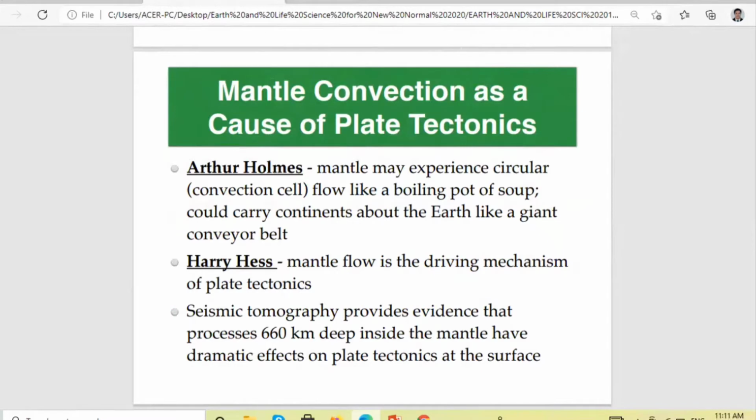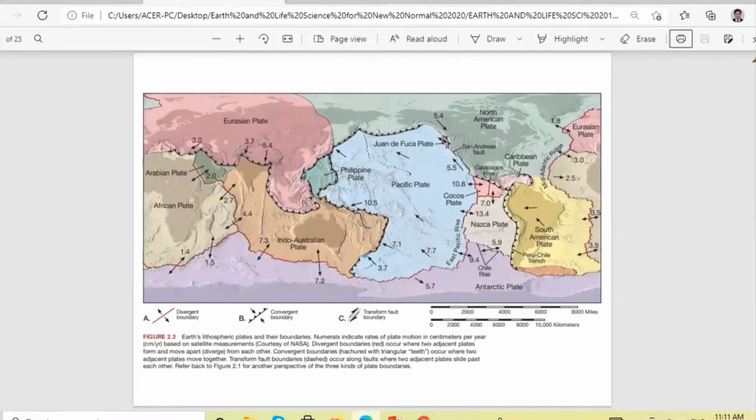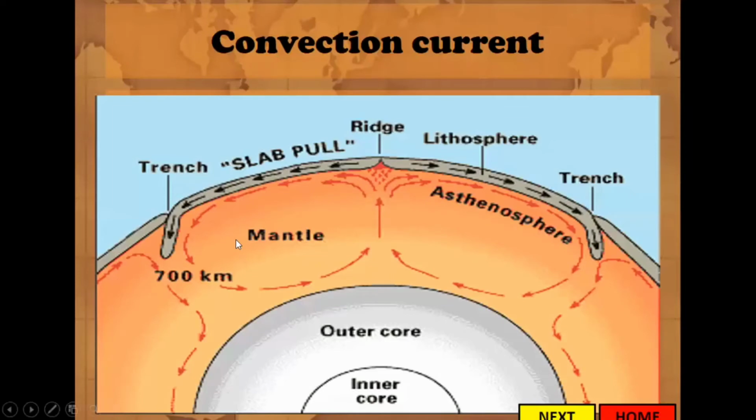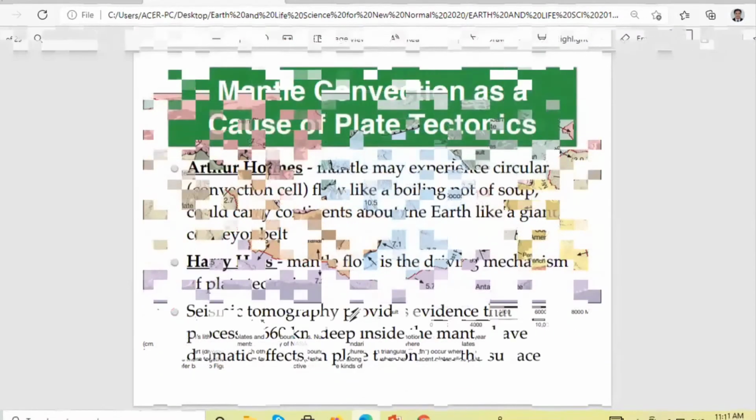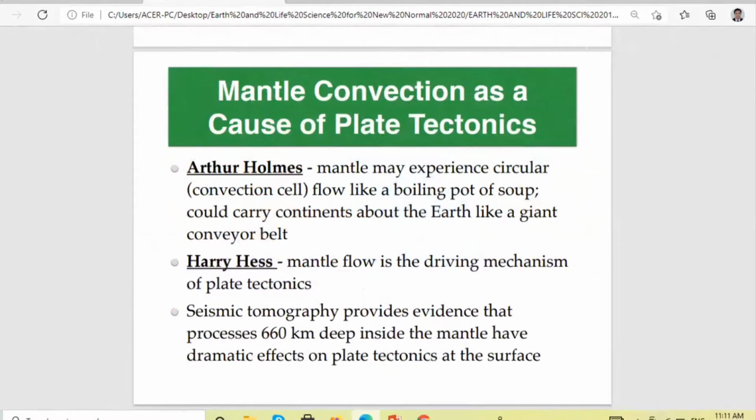States that the mantle may experience circular convectional cells, like a boiling pot of soap, like what you have seen here, as shown by the arrow here, could carry continents about the earth like a giant conveyor belt.